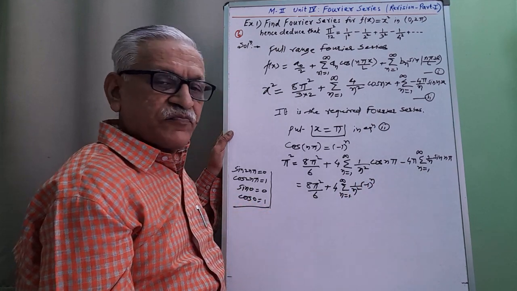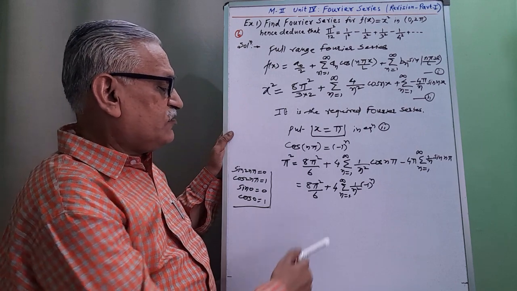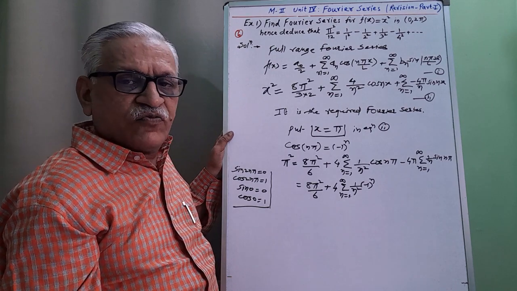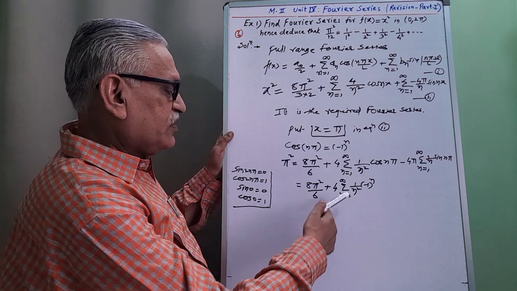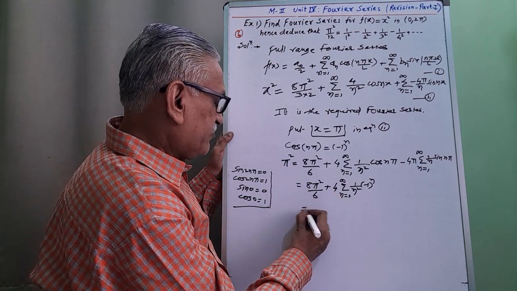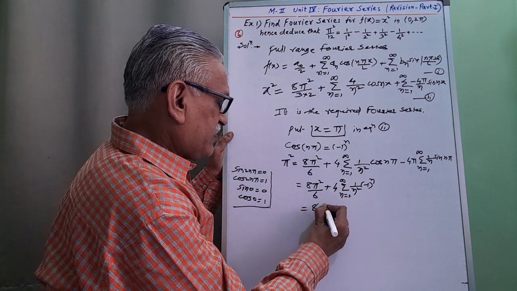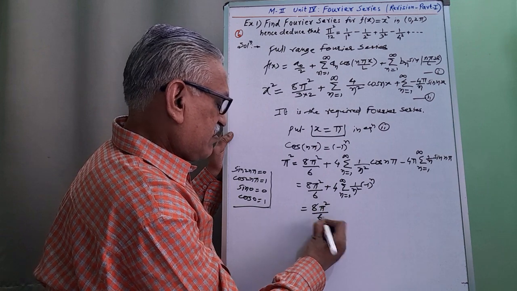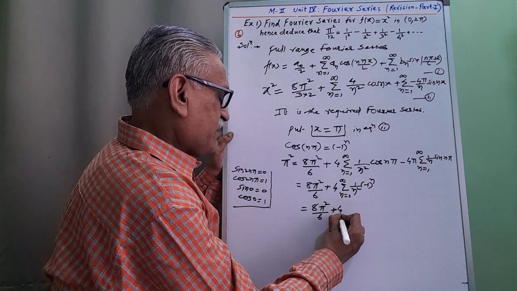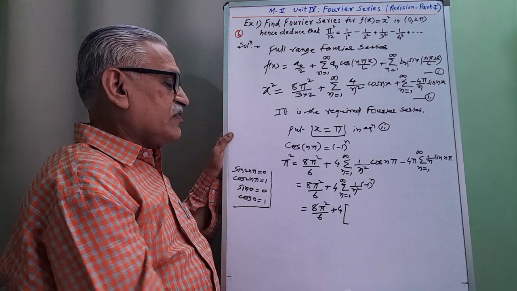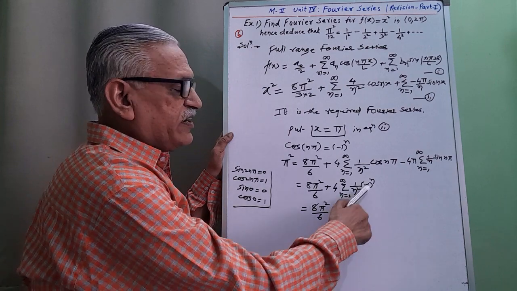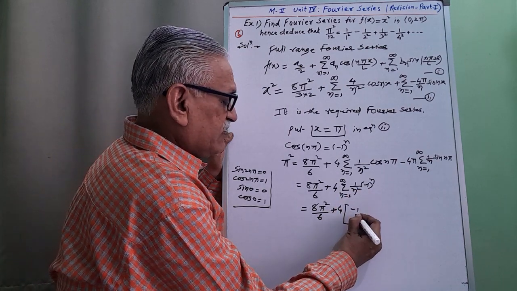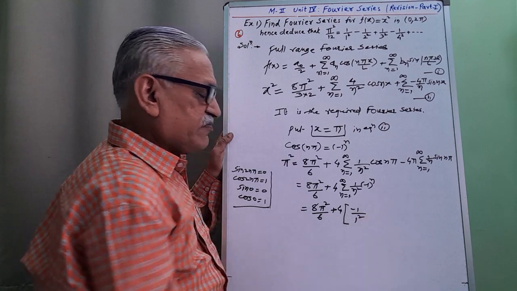This one is 0. And therefore, we substitute values for n as 1, 2, 3, and so on. In this result, we get 8 pi square by 6 plus 4 times, for n equal to 1, minus 1 raised to 1 is with minus sign by 1 square.